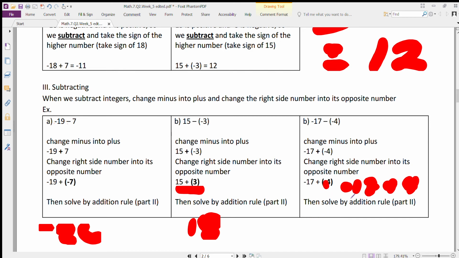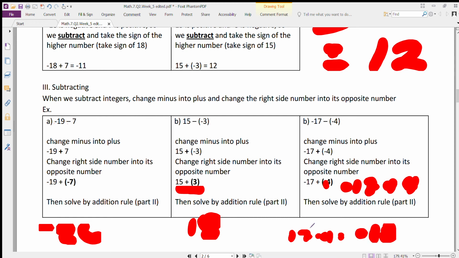So now we add, using addition. 17 minus 4 is going to be 13. So your final answer is going to be negative 13.